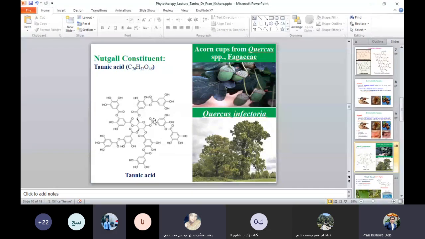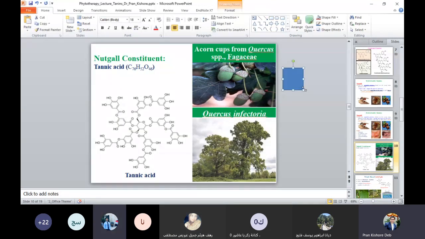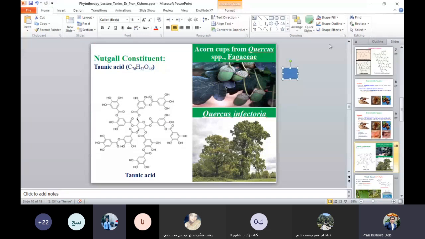1, 2, 3, 4, 5, 6, 7. It's composed of a high amount of monomers. How many sugars do you see in the structure? How many sugars? 5. No. 6.